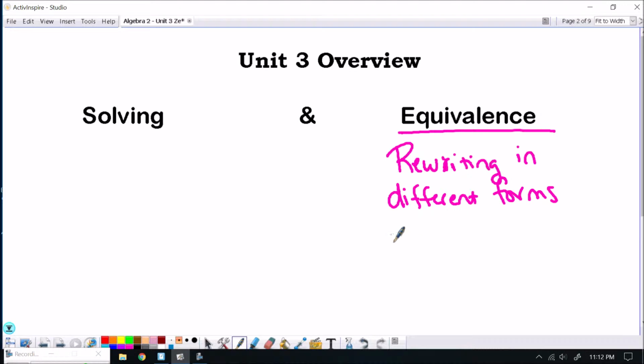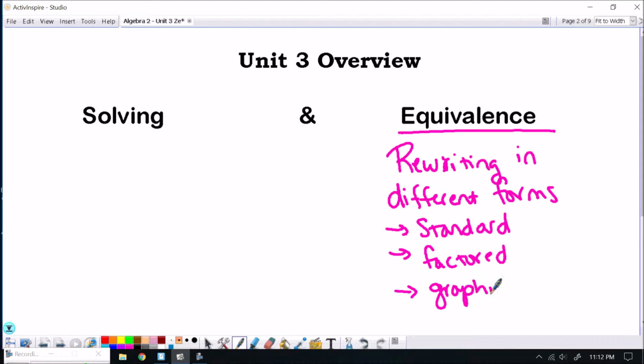And we've had three so far. We've had standard form, we've had factored form, and we've had graphing form of a quadratic specifically. But really you could rewrite any equation or expression into a different form to show equivalence.